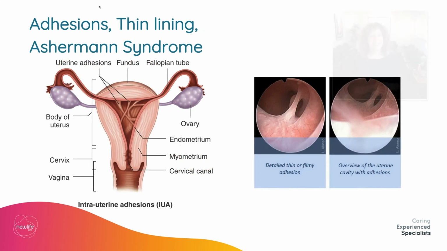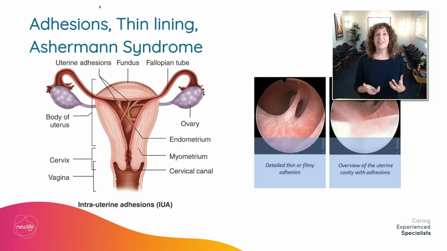In my next slide, I'm talking about the lining inside the uterus, and I've written here adhesions. Adhesions is a medical word meaning scar tissue in the uterus. I've got thin lining and Asherman Syndrome. There are some pictures on the right here showing some scar tissue inside the uterus.